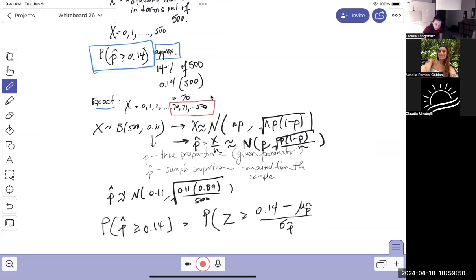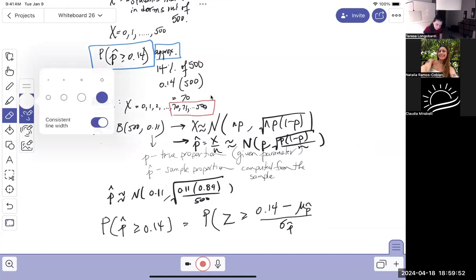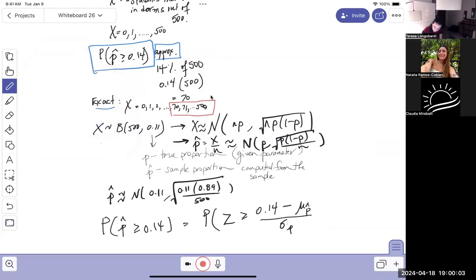I hope that's not confusing to read. So what's the mean of the variable? This is the mean. And this one, we have to simplify a little bit, right?